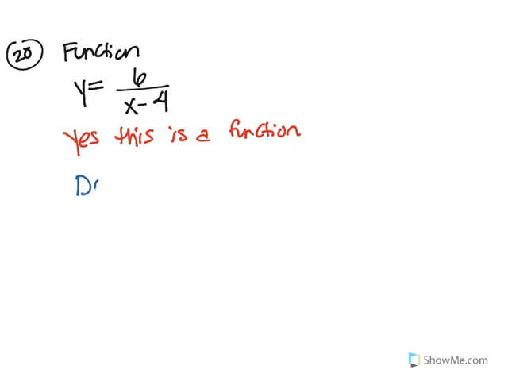So on this one they also want you to give the domain and the range. Now, we talked about this. X is domain. So X is on the bottom of a fraction, so I have to be careful what X equals. Now, I don't care about it being negative.